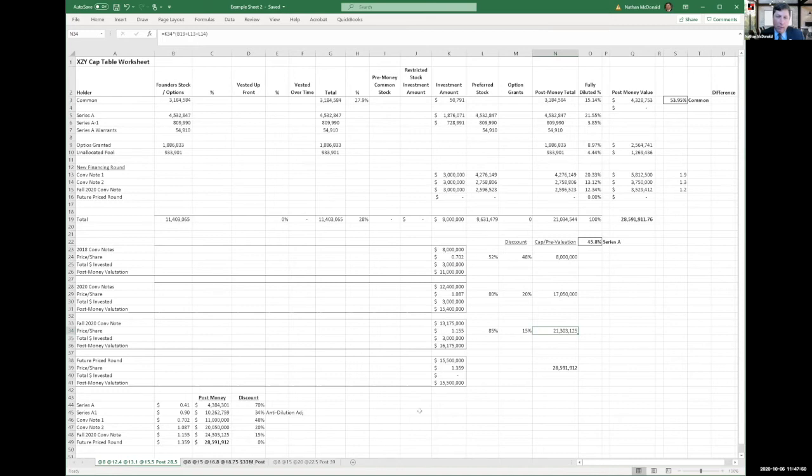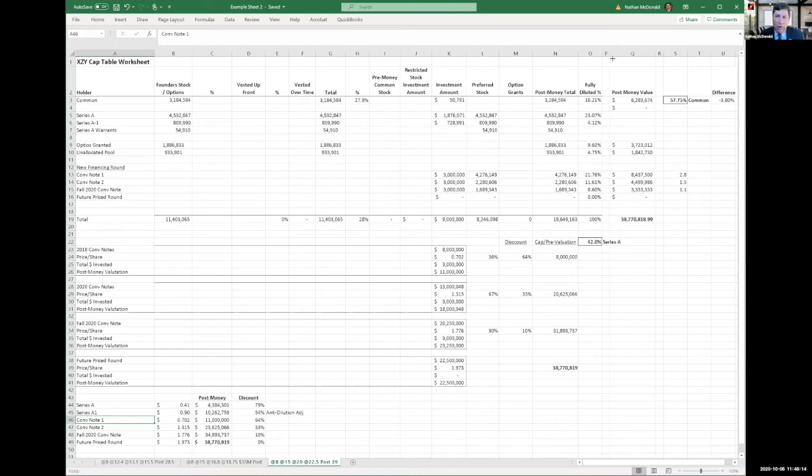And then multiplying it on out, you look at if you ratchet up the valuation of the future priced round to the point where the second round of notes caps out, you can see where the valuation there would be. And ultimately you go from a post money of about 28 million to a post money of almost 40.